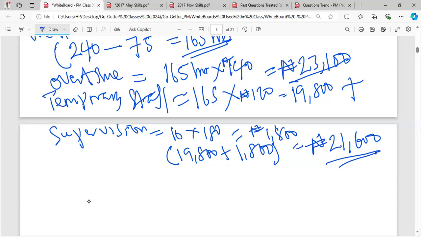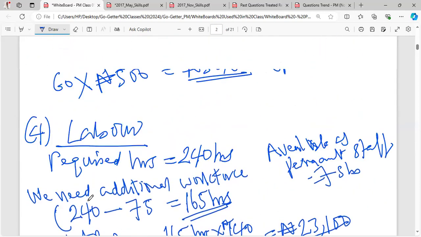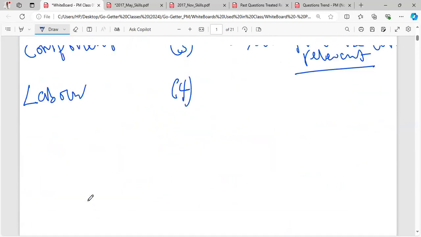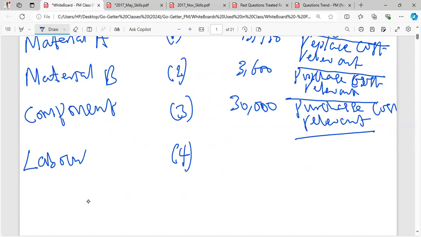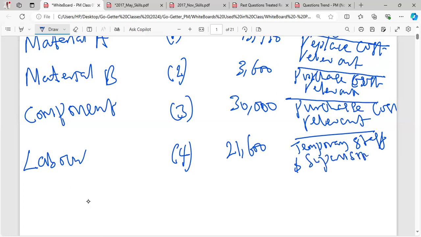Or will you bring temporary staff and give them 10 hours supervision and spend the lower 21,600? So this is the relevant cost. 21,600, you now say temporary staff and supervision, relevant.